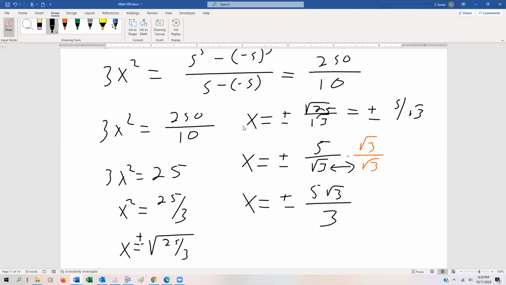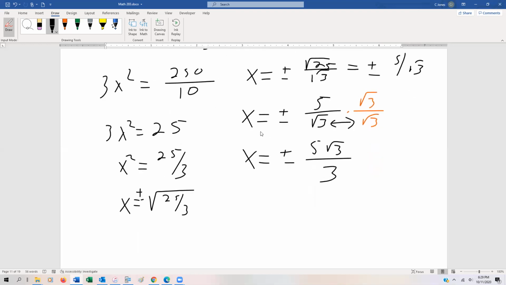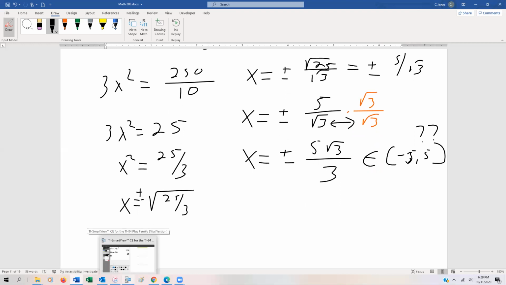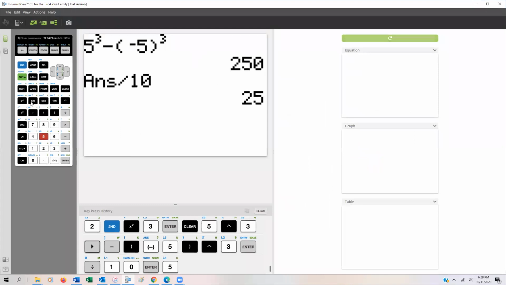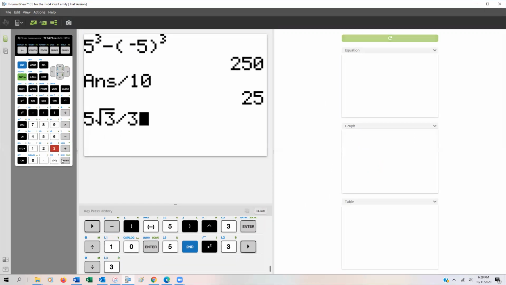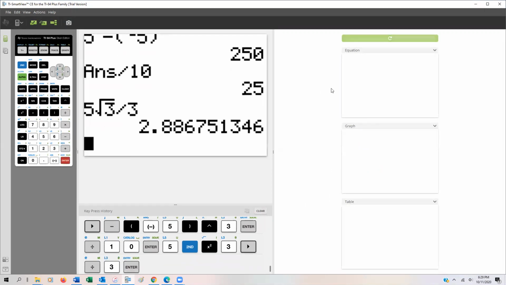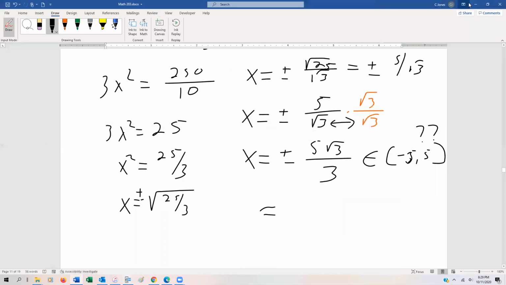Now, one last thing is we need to make sure that both of these values, are they in the interval -5 to +5? That's the question. All right, we don't know. So let's go into our calculator. We're going to approximate it before we give a final answer to this. So we're going to say 5 roots of 3 divided by 3, and 2.887 if we were to approximate that.